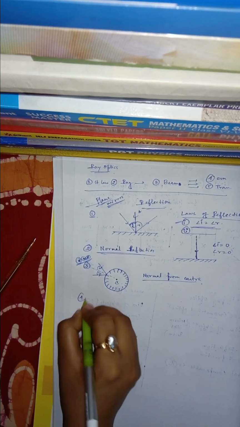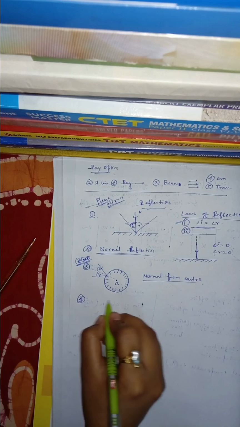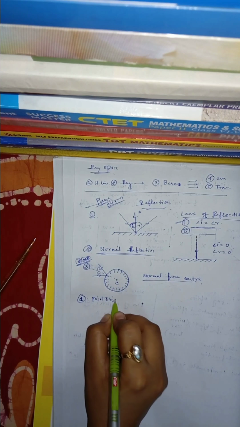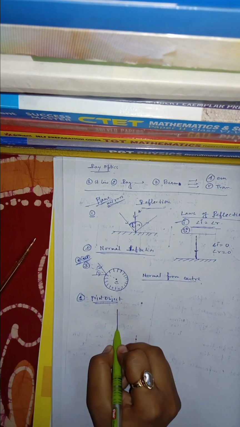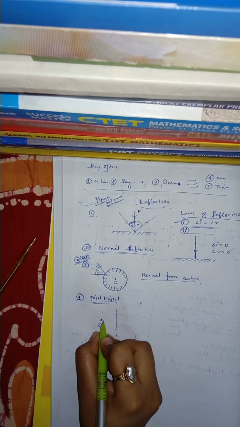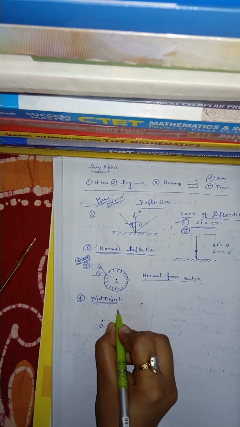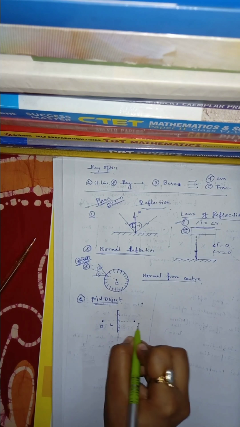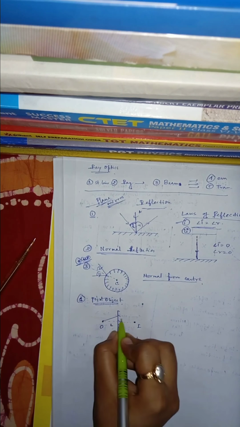Now if I'm going to draw something for a point object, this thing you also know. Say the object O is at a distance L away from the mirror. Of course the image will form here, but in what way you have to draw it.